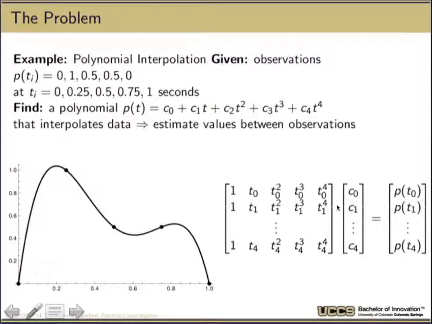We do that by taking our time variable, t, and building a matrix of 1, t, t squared, t cubed, t to the fourth at each time, t0, t1, up to t4. That's our coefficient matrix. Why? Because I've just evaluated this polynomial at a bunch of locations. So at every point, it's c0 times 1 plus c1 times ti, plus c2 times ti squared, and so on. This gives us our coefficient matrix equals the values. Now we have this matrix. We simply solve for this, and we'll get our values of ci that fit that polynomial. We'll come back to this problem again later.